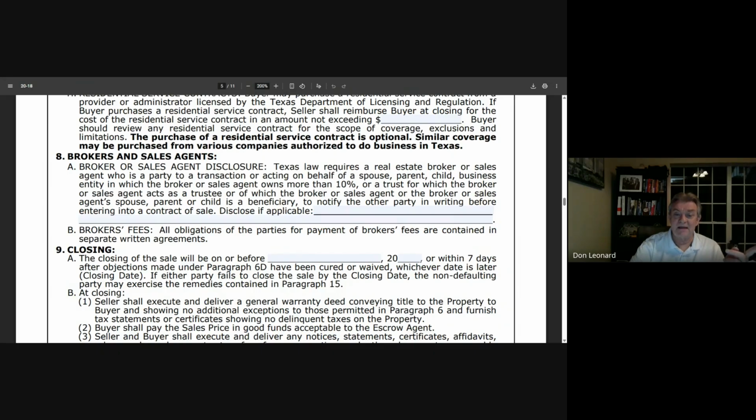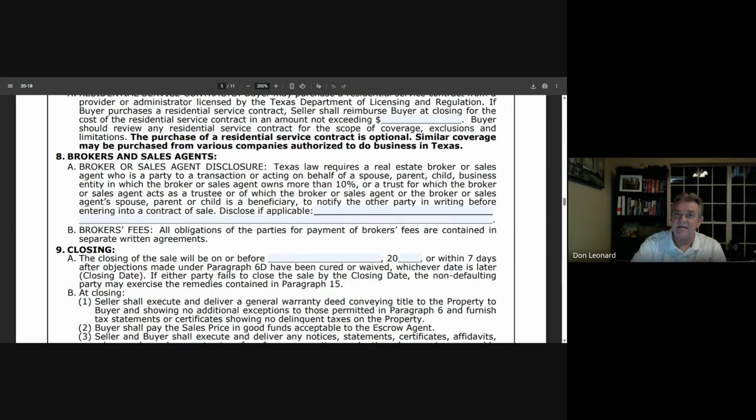Or if your client is a business entity in which the broker, you, own more than 10% of it. If it's an LLC, if it's a corporation, if you own more than 10%, you have to disclose that you are more than 10% owner. You don't have to say, I am 17.5% owner of this.